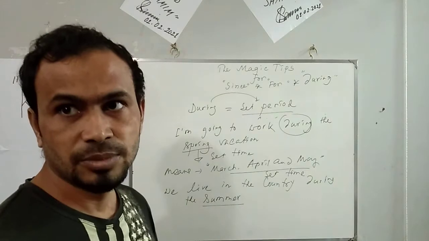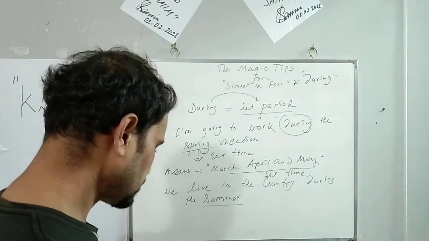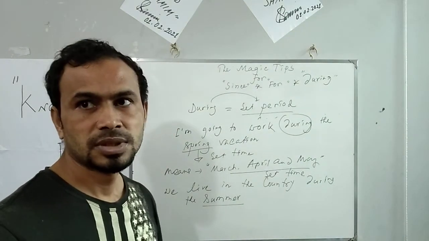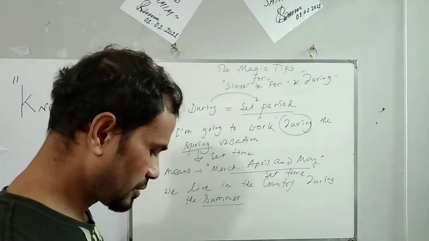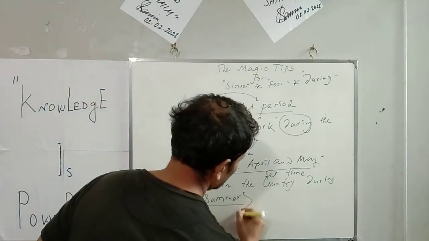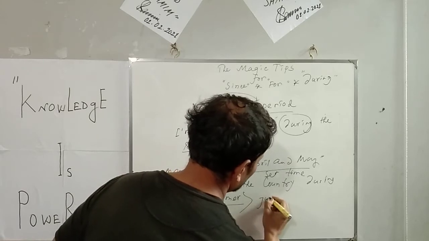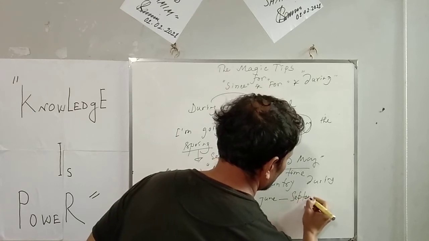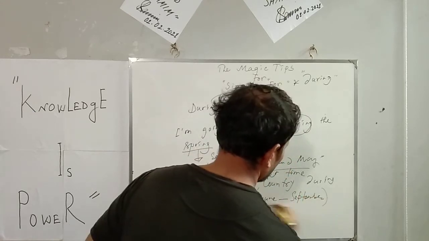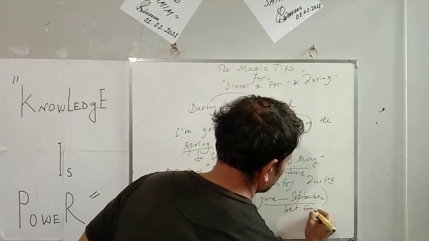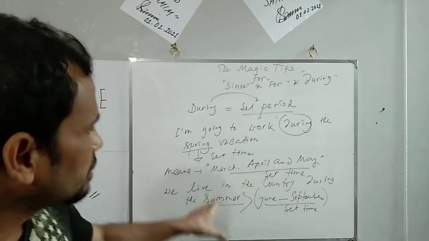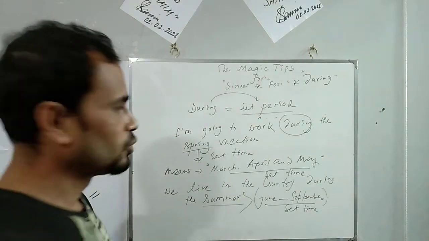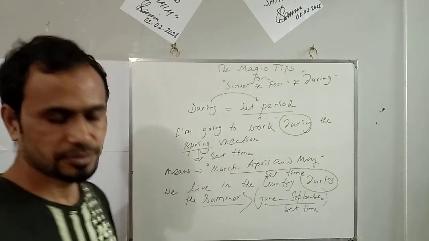Summer is a set time or set period. Means June to September. Okay. It's a set time. We live in the country during the summer. Summer is a set time. That's why we use during before.